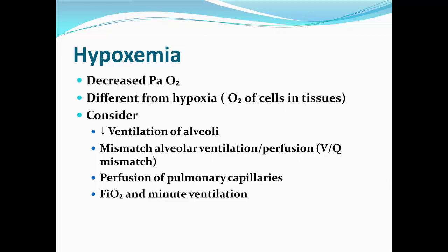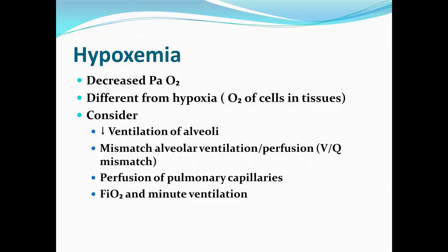So FiO2 would be important, how much oxygen is actually in the inspired air, because if you don't have much oxygen in the inspired air, that could certainly lead to hypoxemia, as well as, remember, that minute ventilation. Minute ventilation is the tidal volume times the respiratory rate. Tidal volume is the normal amount of air with inspiration and expiration. And that's generally about 70 mLs per kilogram.